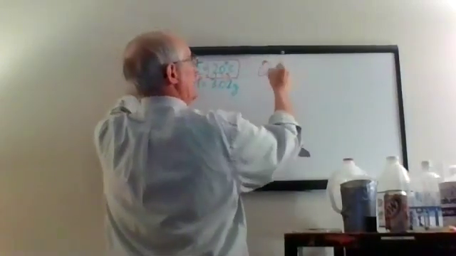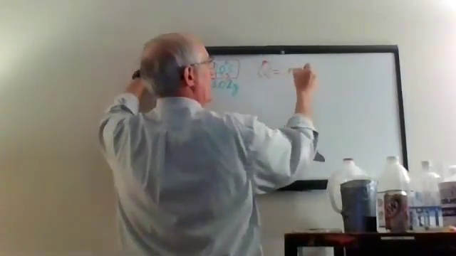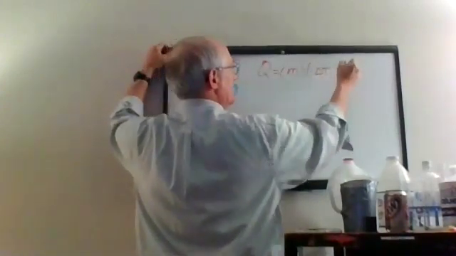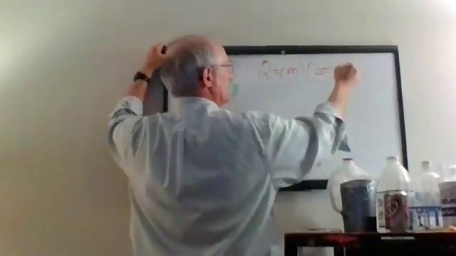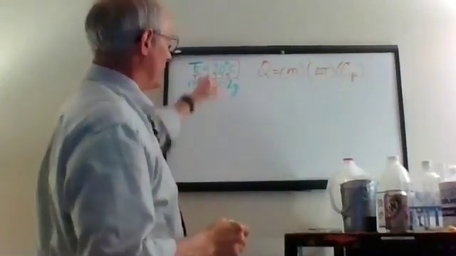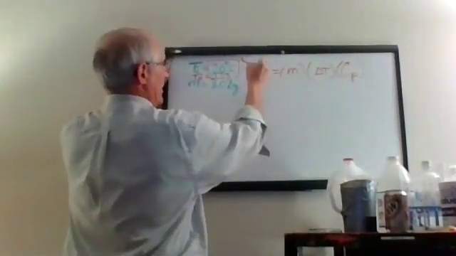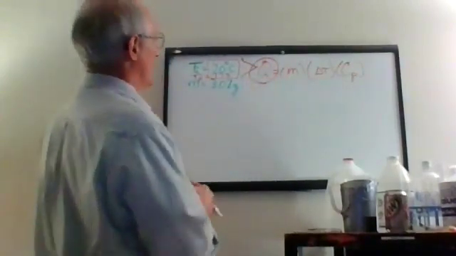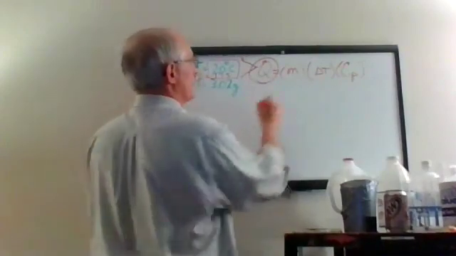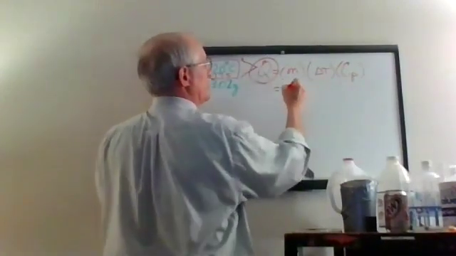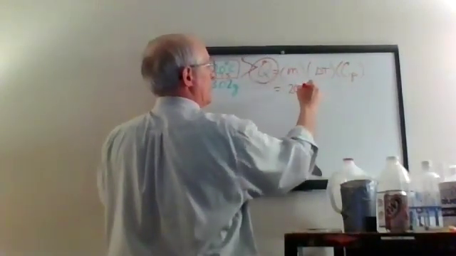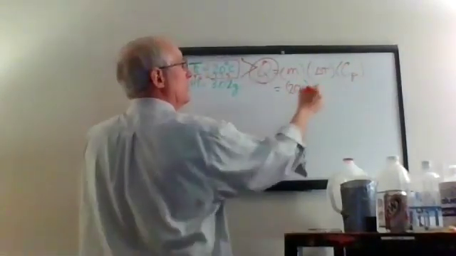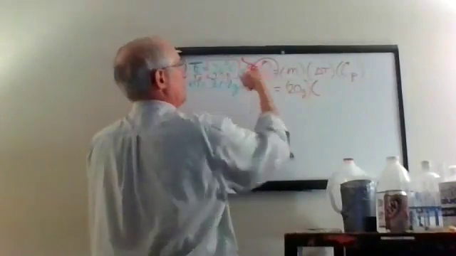You learned earlier in the year that heat is mass times temperature change times specific heat of the water. How much heat did it gain? Well, the mass was 20 milliliters, which is the same as 20 grams, because water's density is 1 gram per milliliter. The temperature change is 2.5.